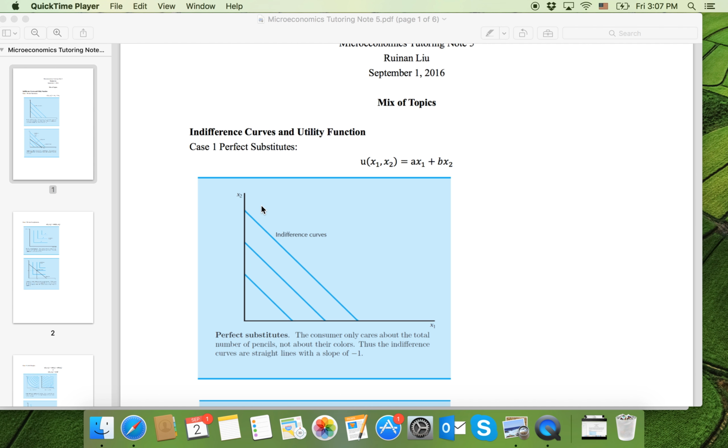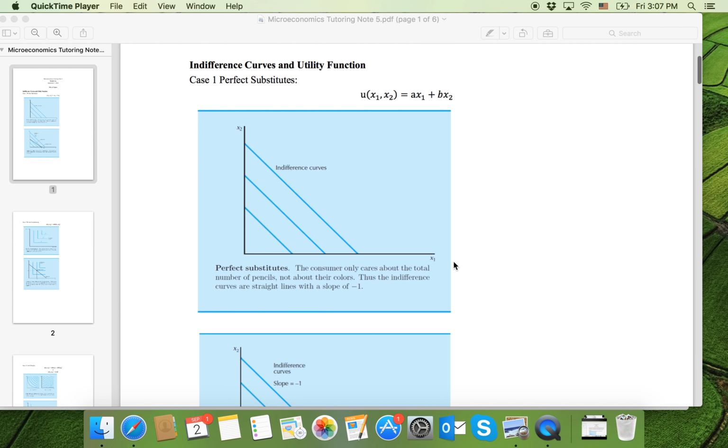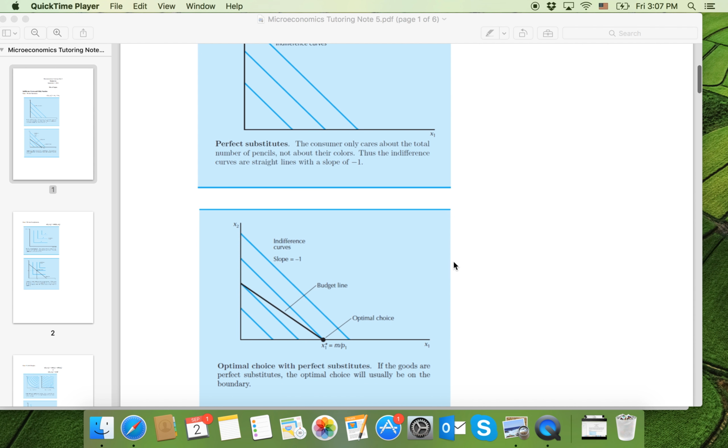There's no marginal utility change by moving from here to here. Therefore, the indifference curve is a straight line. However, the rule that the further away you move from the original point, the higher the utility, still stands. And if you do have this kind of perfect substitute, how would you maximize your consumption?